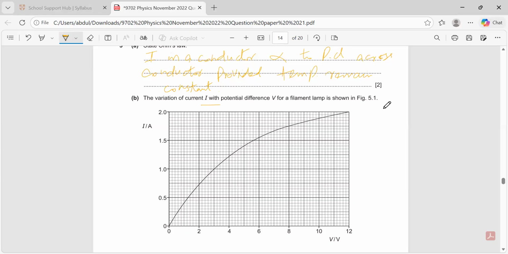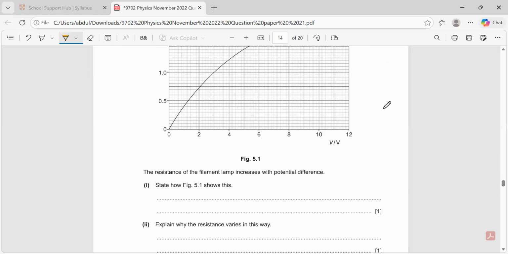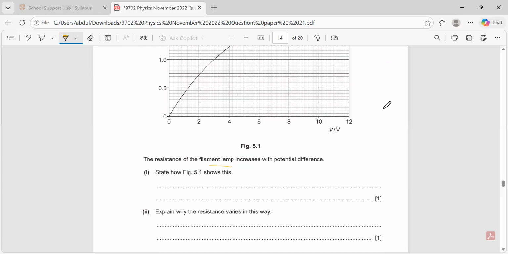Now, the variation of current with potential difference V for a filament lamp is shown, and you can see that as the potential difference is increasing, the current in the end is decreasing, because the temperature of the metallic filament of the lamp will be increased. The resistance of the filament lamp increases with potential difference. State how the graph shows this. You can see the gradient of the graph decreases.